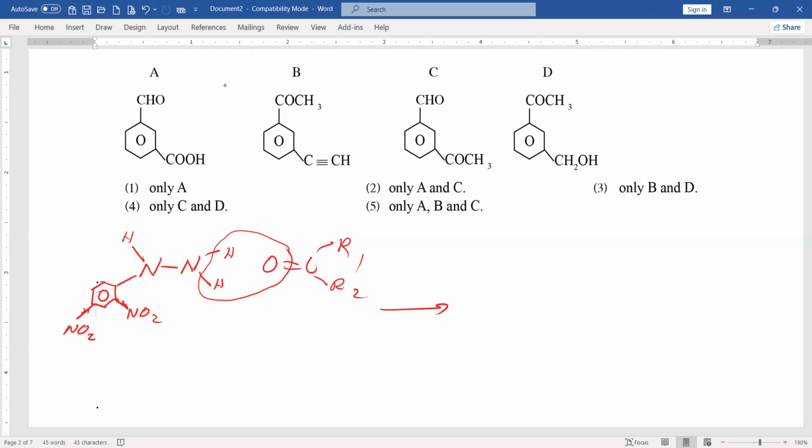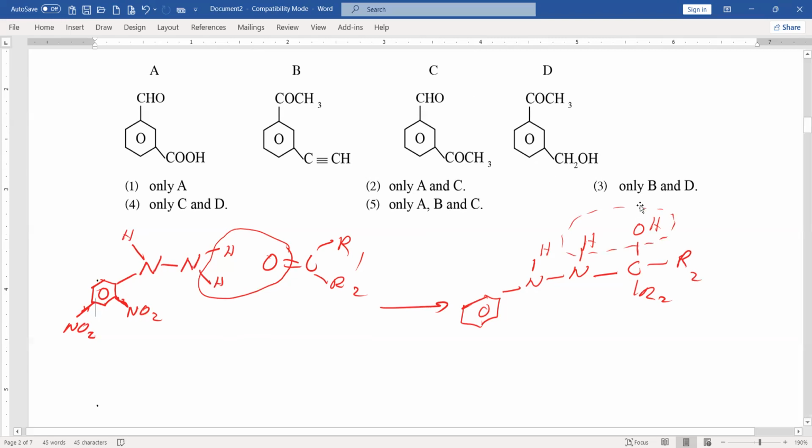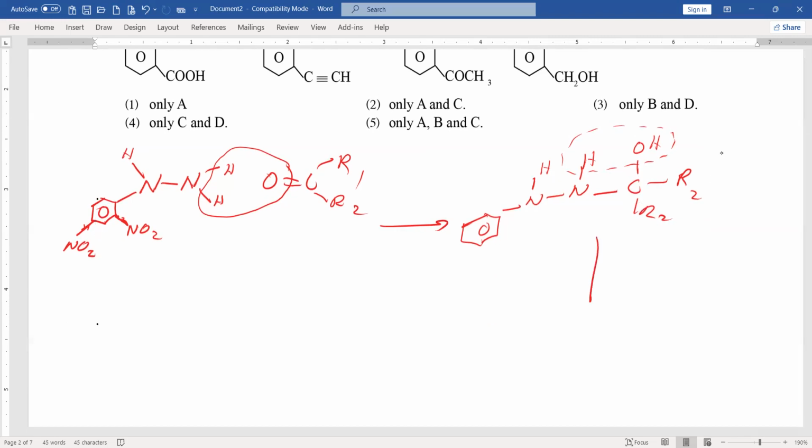First, it becomes like this, NH, and this carbon with the double bonded oxygen becomes OH, but it is unstable, right? Because of that instability, it will automatically undergo dehydration. Dehydration means removal of a water molecule. A water molecule will be removed automatically, so it turns into this product.